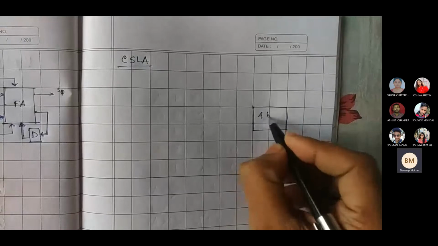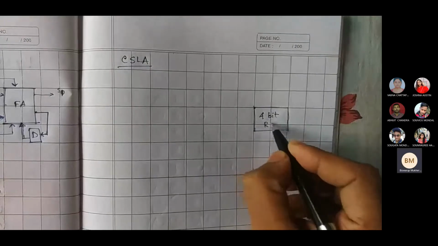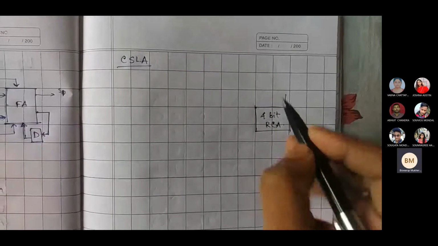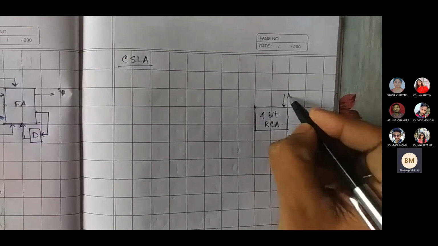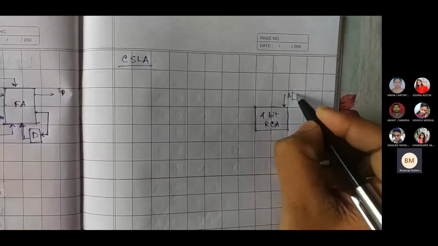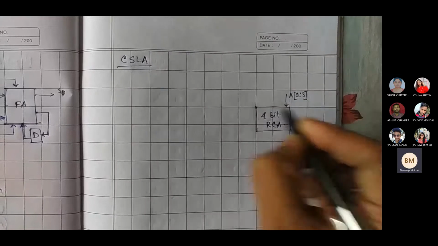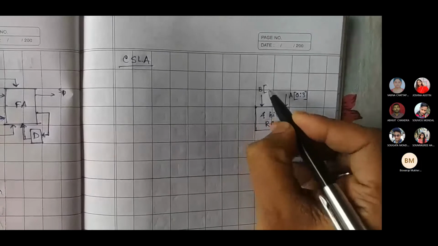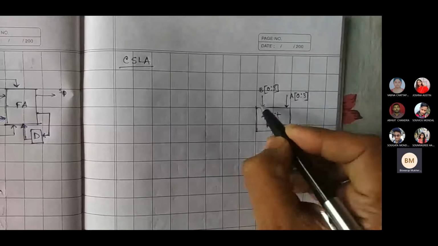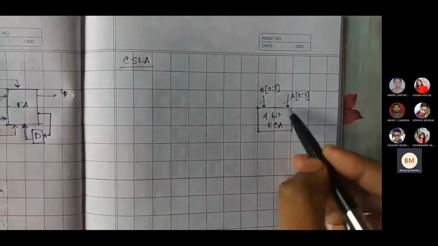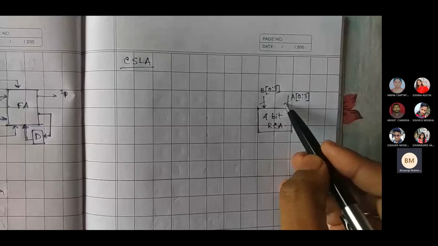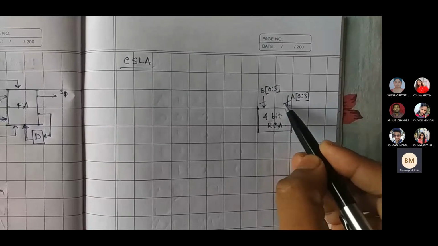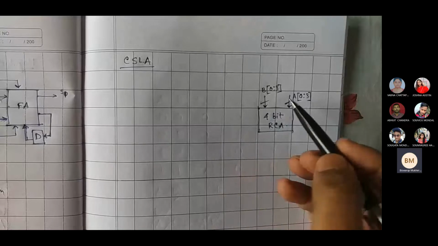Maybe 4-bit RCA. Okay, so here we are having an A value, which is from 0 to 3, and a B value also from 0 to 3. These are bus connections. Bus connections are generally denoted by an arrow followed by a cut.